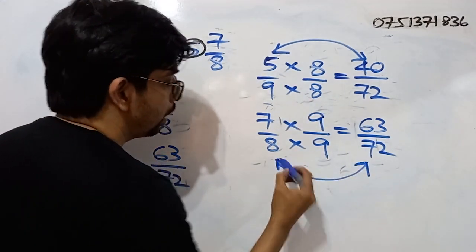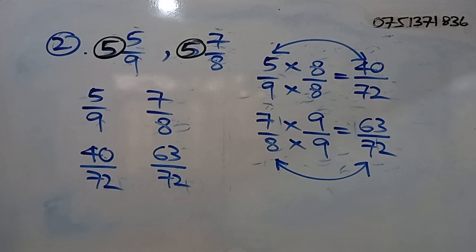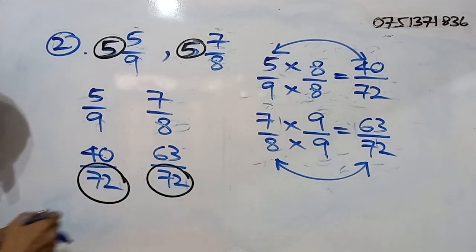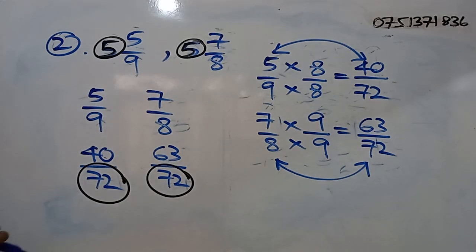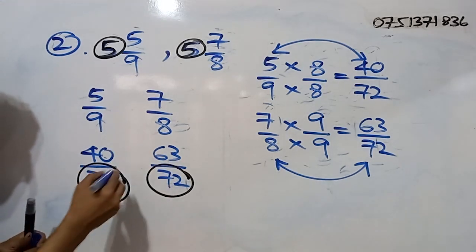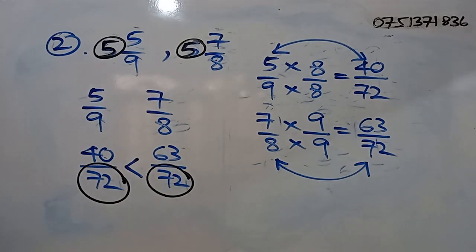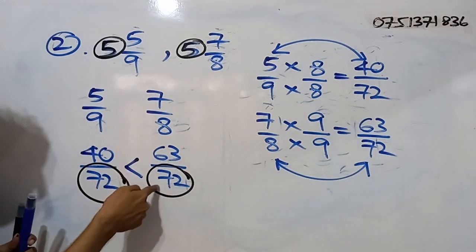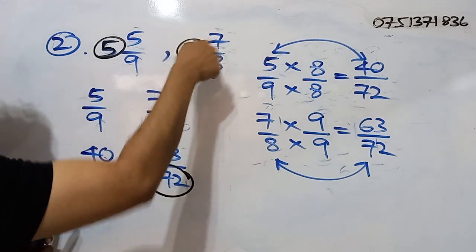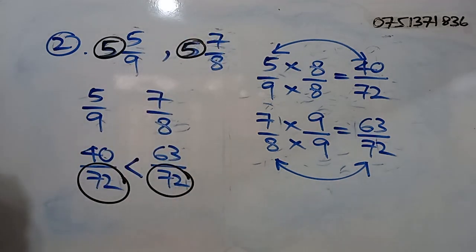Because these two are equivalent fractions. Now, both of them have the same denominator, which is 72. So we have to think about the numerators. So 63 by 72 is larger. So this fraction is larger. So 63 by 72, that means 7 by 8. That means 5 and 7 by 8 is the larger fraction.